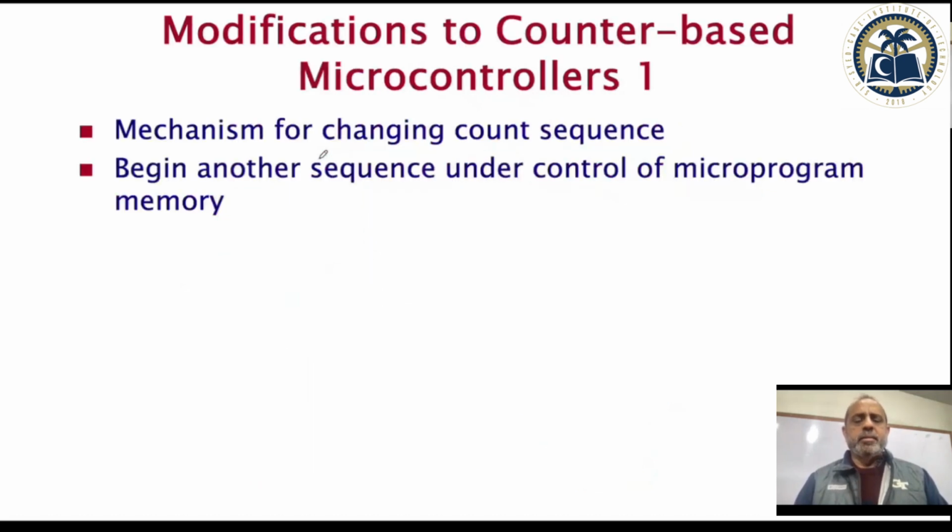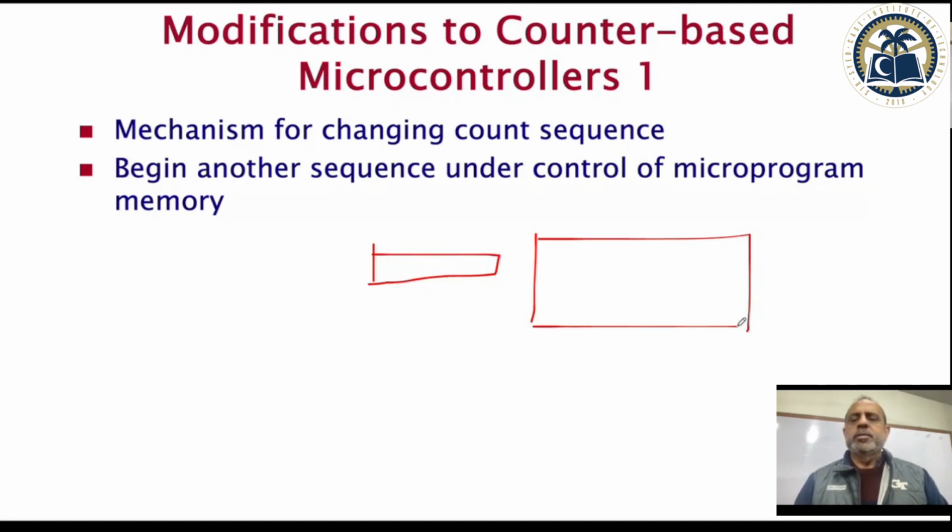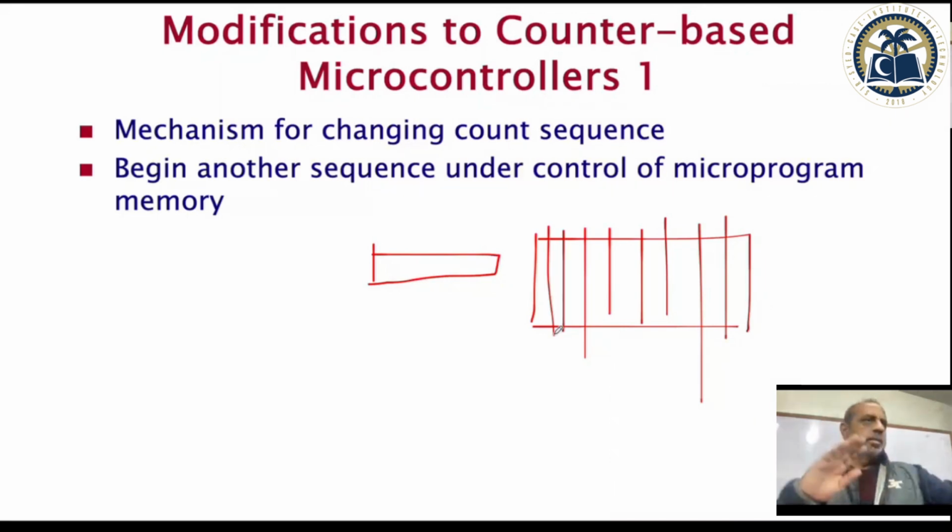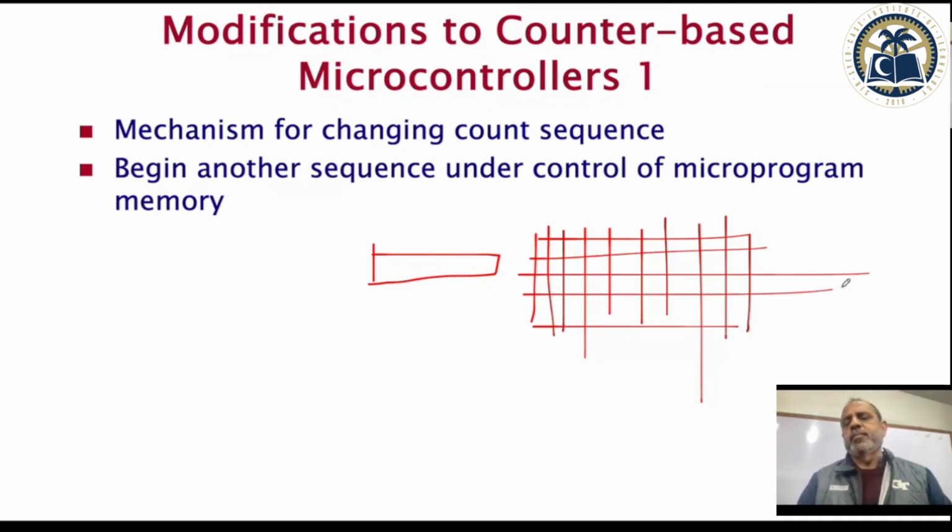So the simplest is that for all the control signals, let's say there are 5 muxes that you are controlling. This is mux number 1, mux number 2, mux number 3, mux number 4, mux number 5, and let's say there are 3 or 4 enable signals that you have. Sometimes you are going to enable this register, mux should select this, mux should select this, and then you have something you are doing in 7 cycles or 8 cycles.